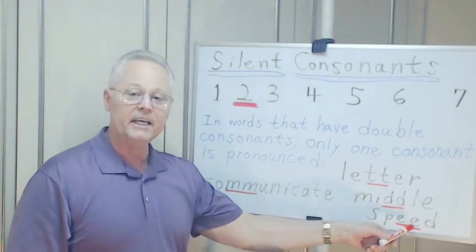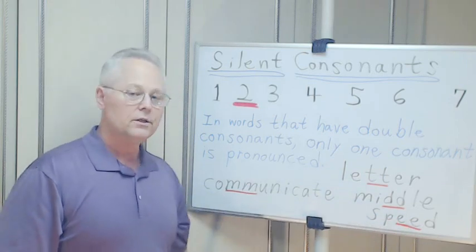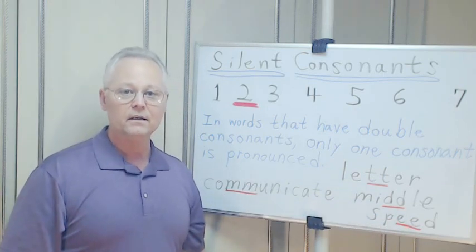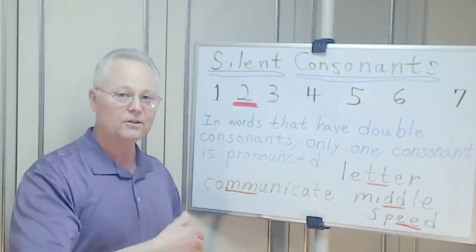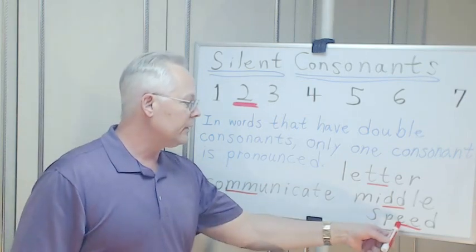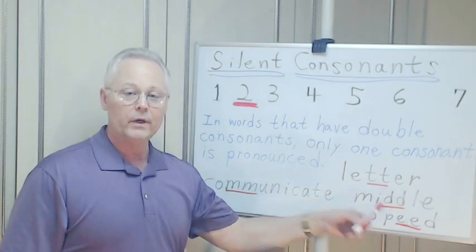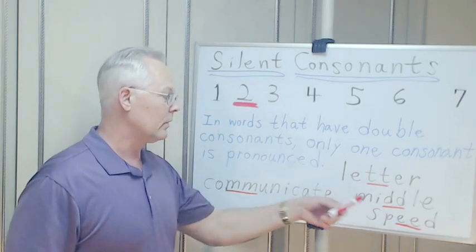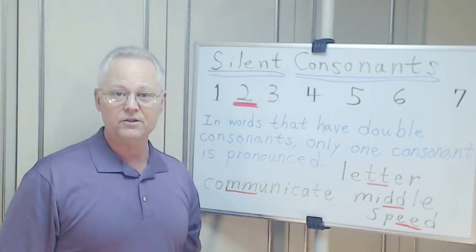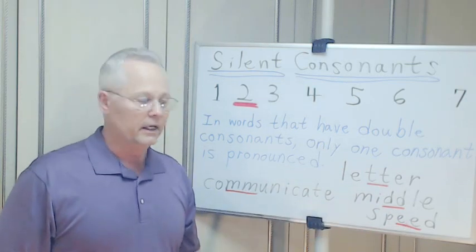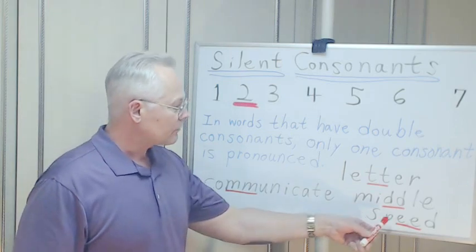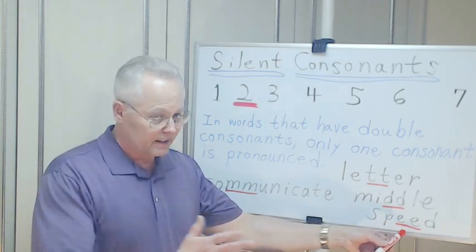Now we have EE. So it's not spe-ed, it's speed. Now, really, if we took out one E here, we'd have a whole new word, and that word would be sped. The long E sound would turn into a short E. So that's the situation here.